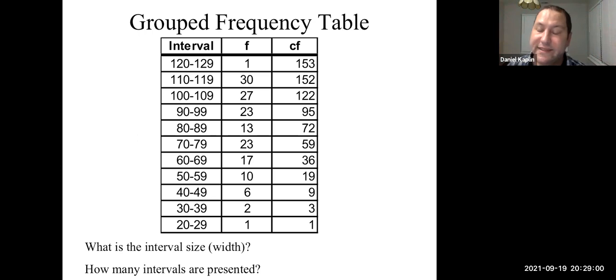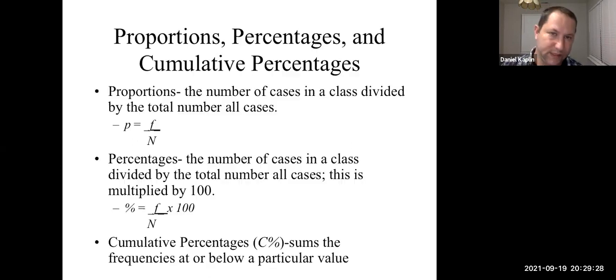So notice it is indeed 10 because 20 would be one of the numbers. All right, so the interval width would be 10. Is 10 a multiple of 5? Sure, right? 5 times 2 is 10. So it keeps that rule. And the number of intervals presented, we said were 11. So we're within all the rules we said.